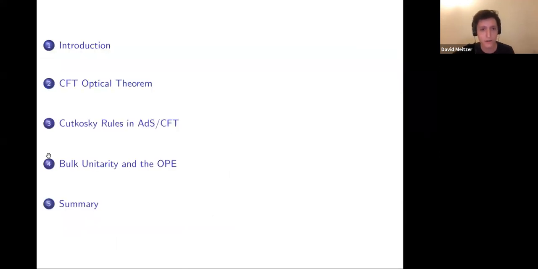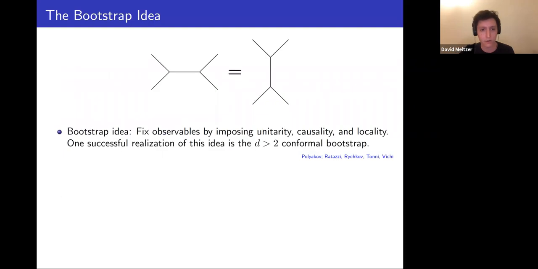So broadly speaking, this work is a part of the Bootstrap program, where we try to fix observables by imposing physical consistency conditions like unitarity, causality, and locality. And a very famous and successful realization of this idea is the higher dimensional bootstrap, where there's been a lot of progress just by solving these crossing equations.